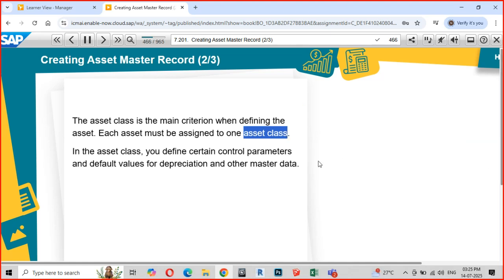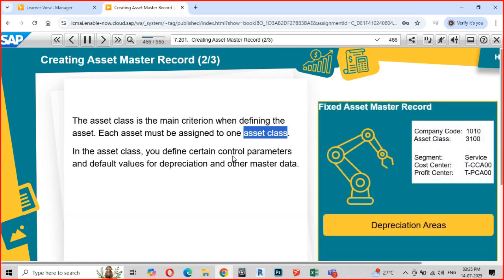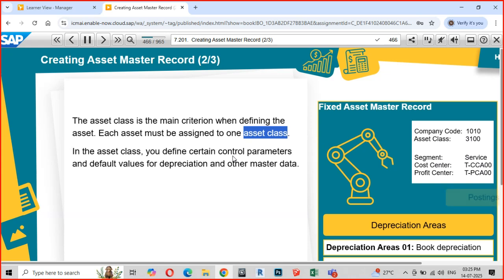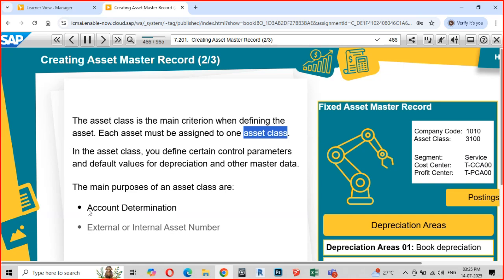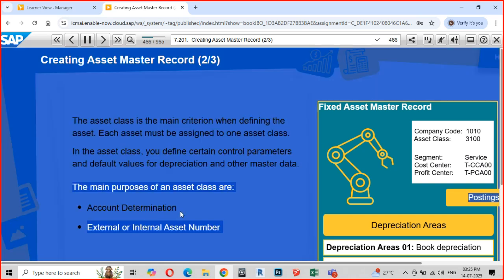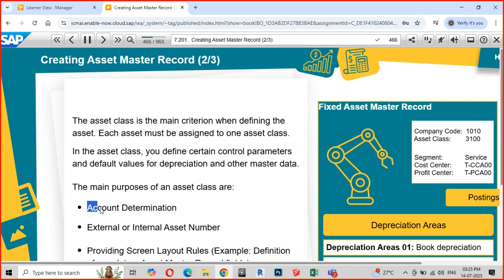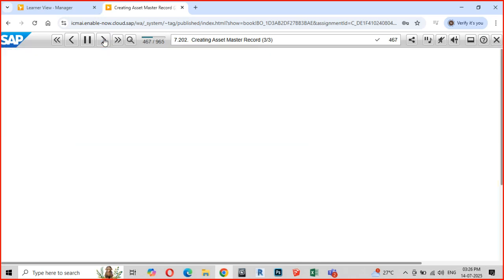In SAP, the asset class has certain control parameters which hold the transactional information of the asset. Then account determination, we already know what it is. Asset number, we already know this. Depreciation areas, we know.